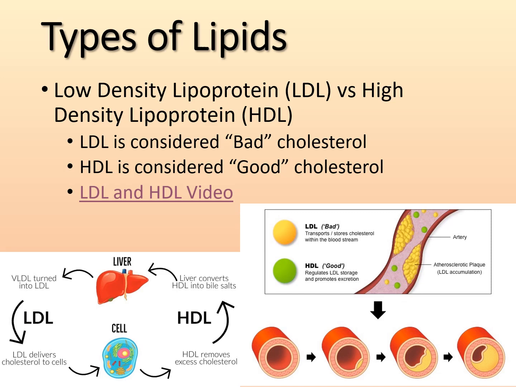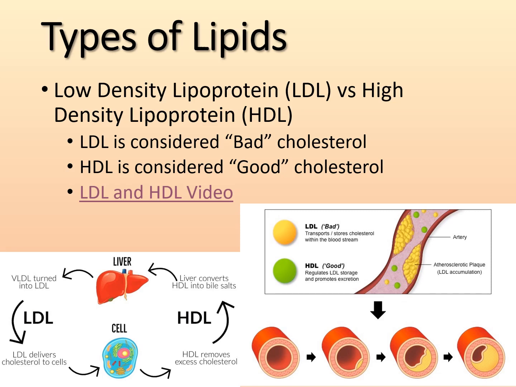So the low density lipoprotein is what transports and stores cholesterol within the bloodstream. So that's that main transport throughout the body, which it's required, right? Because we need that cholesterol.